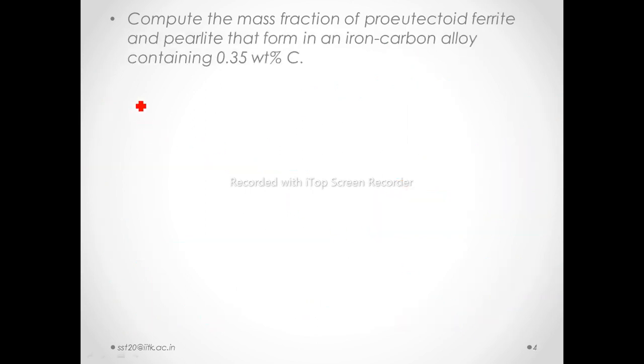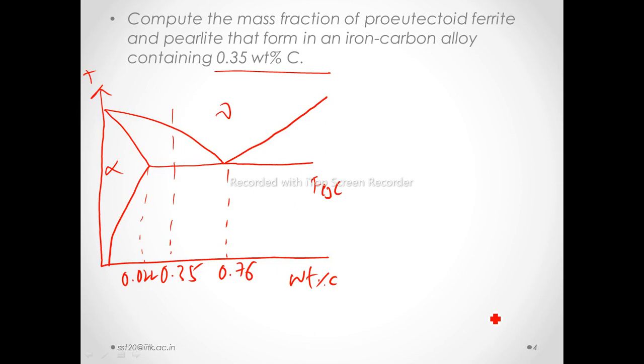Now let's start the next problem. Compute the mass fraction of proeutectoid ferrite and pearlite for an iron carbon alloy containing 0.35 weight percent carbon. We will draw an iron carbon diagram. If you want to solve any problem with a phase diagram, you have to draw the relevant portion of the phase diagram.